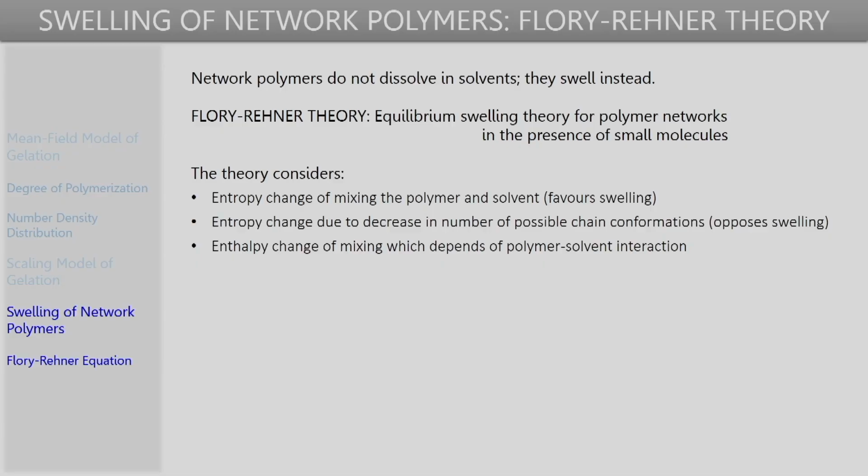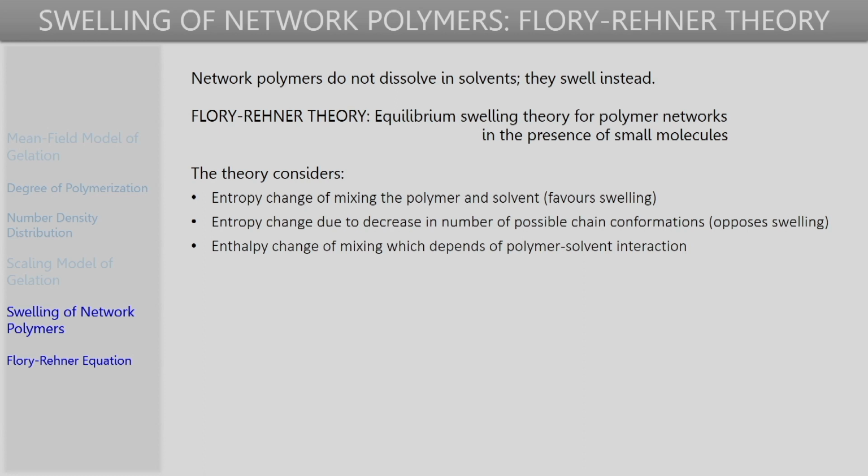In this theory, 3 different kinds of factors were considered to come up with the expression for the swelling behavior. When we mix solvent into a network polymer and it swells, there are 3 different forces at play.